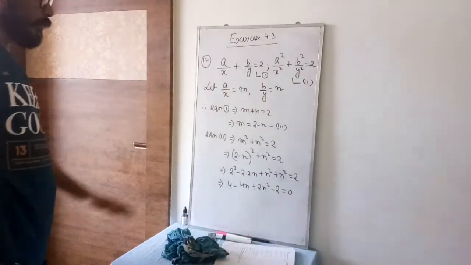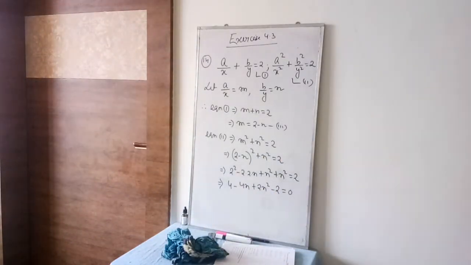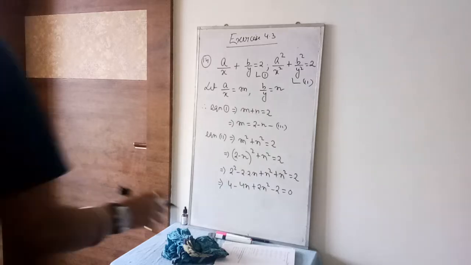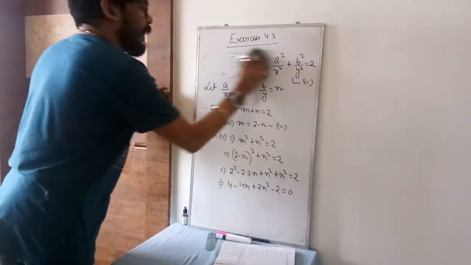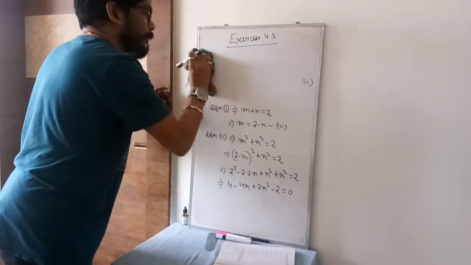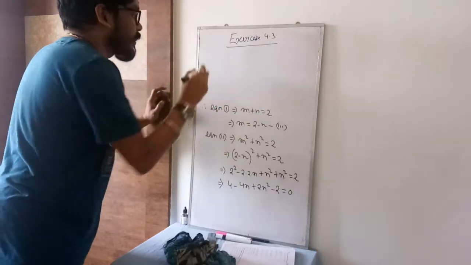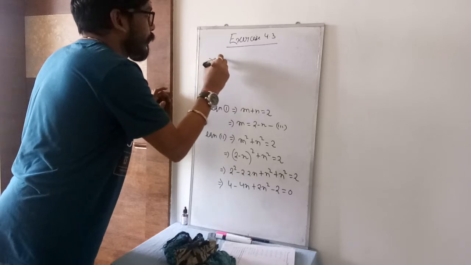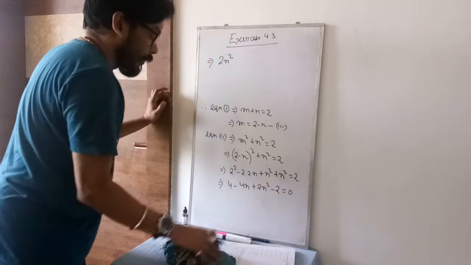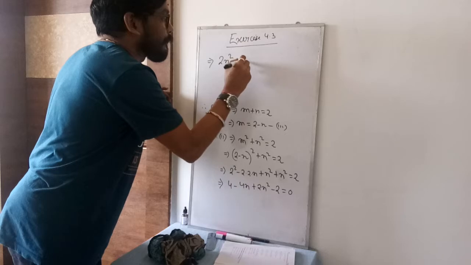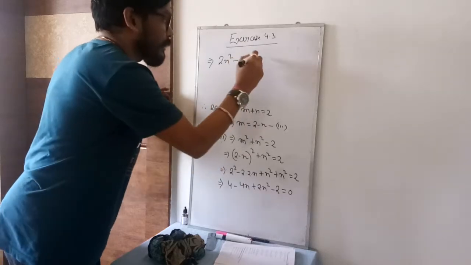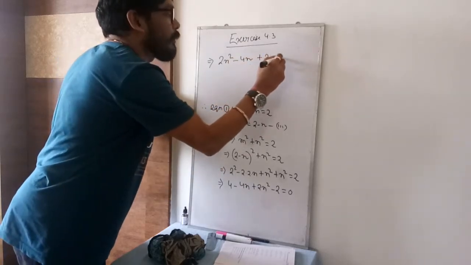Take the screenshot because I will rub the upper part. So now I will arrange it. Let me write the highest power of n first, so it is 2n square minus 4n plus 2 equal to 0.